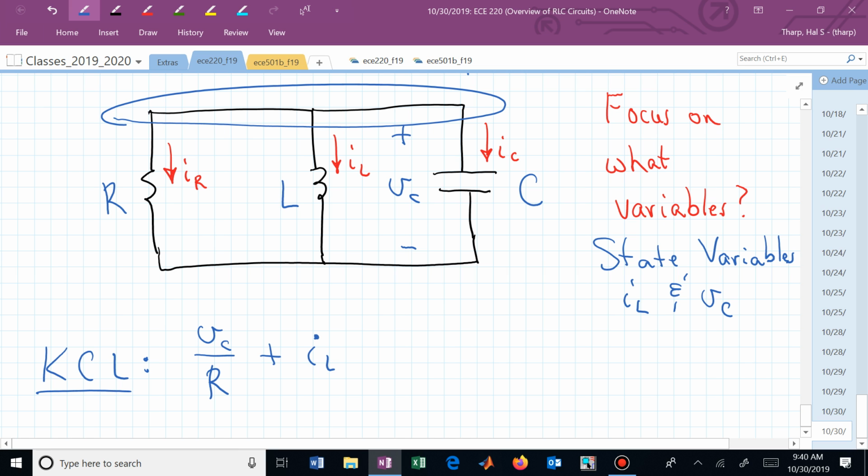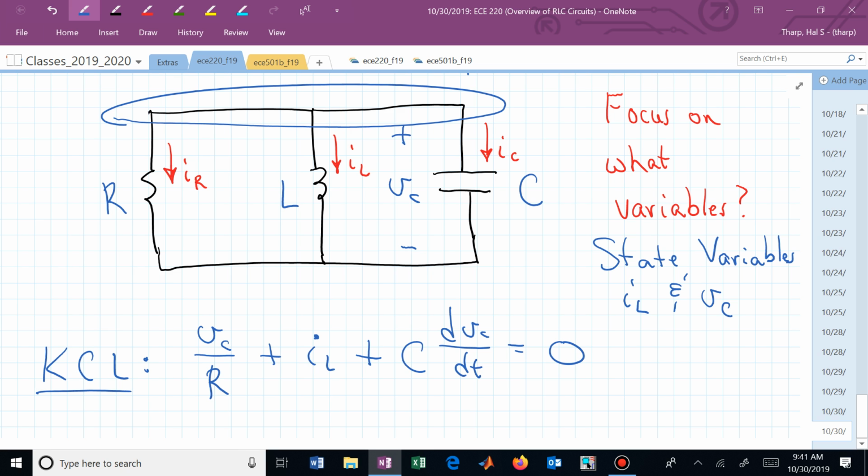That's a state variable. And then we'll figure out, can we get rid of some of these? And then we have KCL. The current in the capacitor is I sub C. That's now C dV sub C dt, and that's equal to 0. We okay there?